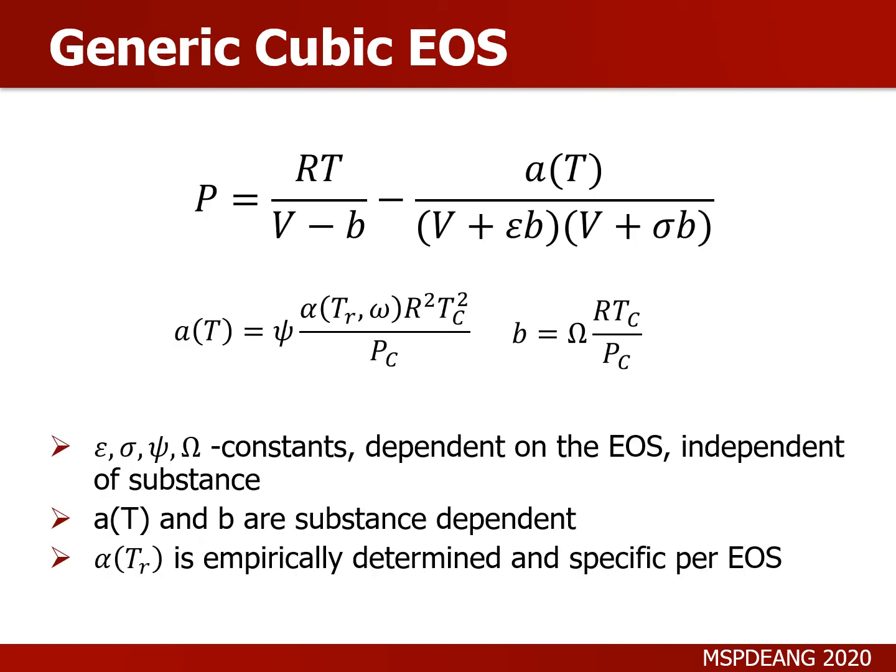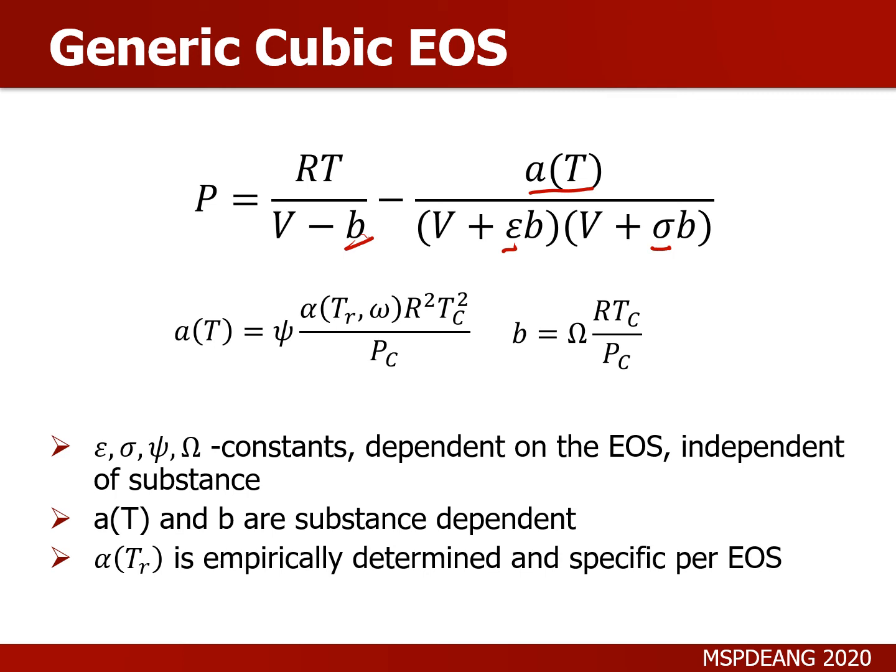And using this and the formulation of van der Waals and cubic EOS, we now arrive to what we call your generic cubic EOS equation, okay, where P is equal to the following expression, okay, where B, A of T, epsilon, and sigma, okay, are functions or constants depending on the EOS and the substance.